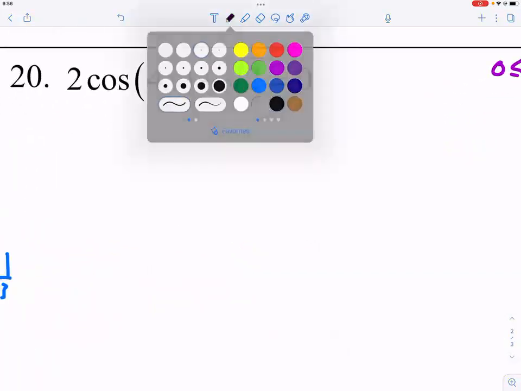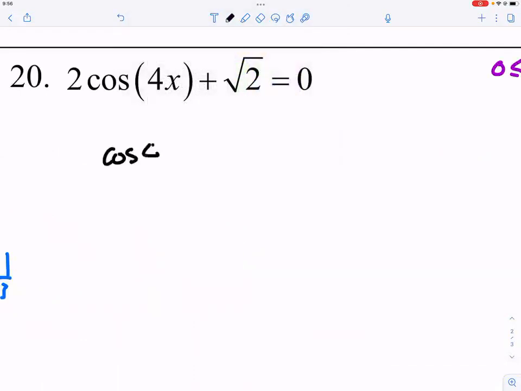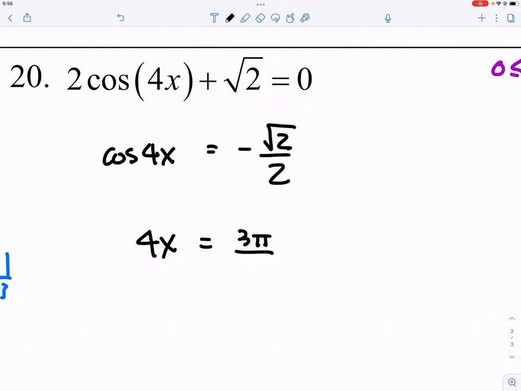So you would have cosine of 4x equals negative root 2 over 2. You think about what values would give you negative root 2 over 2 for cosine. So it's going to be quadrant 2 and quadrant 3. So you've got 3 pi over 4 and then 5 pi over 4.